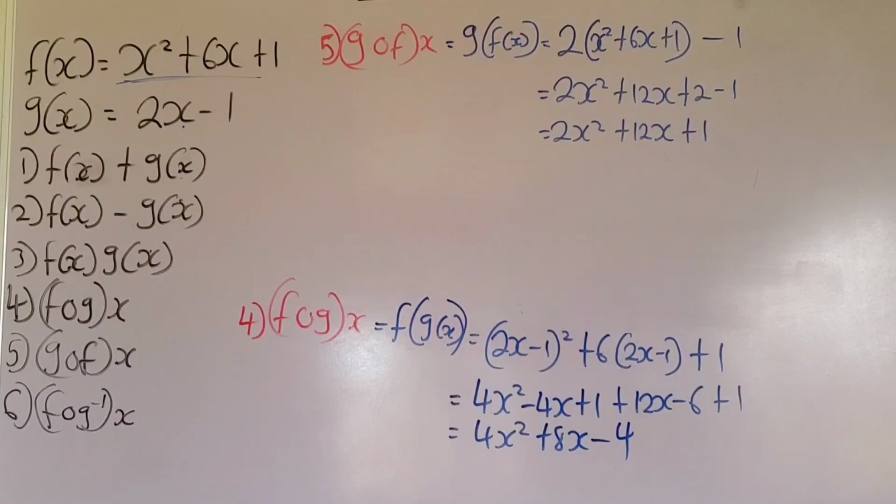Now for the last question, which is f of the inverse of g(x). Now before you can solve that question, you have to first find the inverse of g of x. You understand? Listen to question 6.